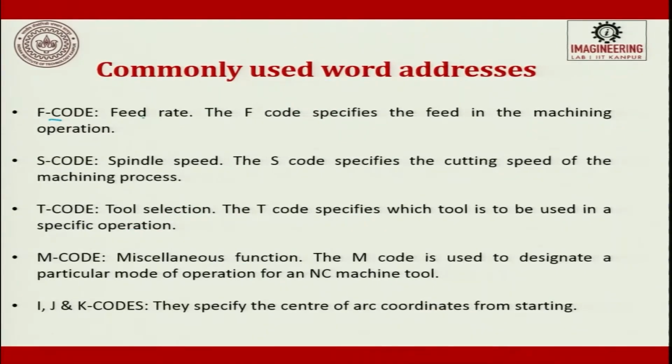Then we have F for feed rate, S for spindle speed, T for tool number, M for miscellaneous code, and I, J, K codes, which specify the center of the arc from the starting point. I, J, K or R command can be used. The R command can be used for a radius. If you call a CAN cycle, the R command is used for the reference plane.